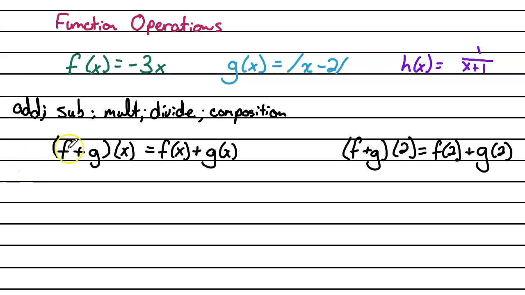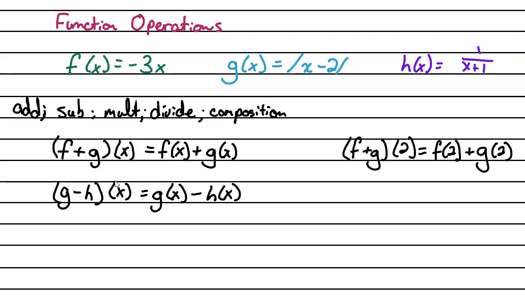That is really what function operations is doing. It doesn't matter if I'm adding or subtracting. Let's say I have g minus h of x. That's telling me to take g of x and then subtract h of x.